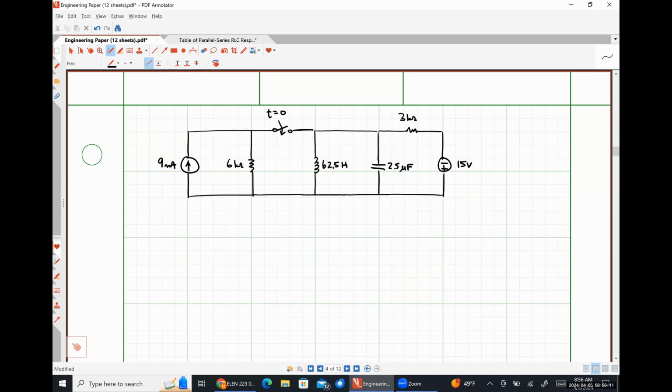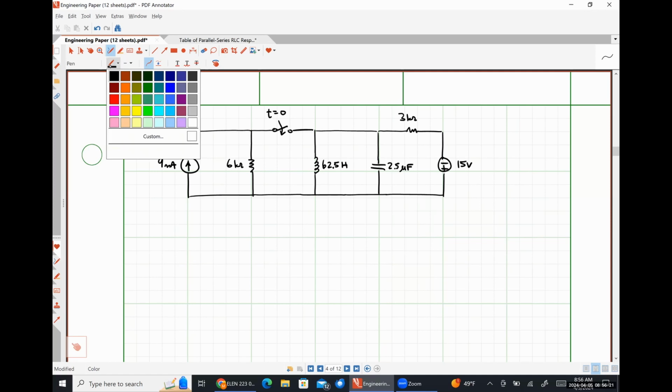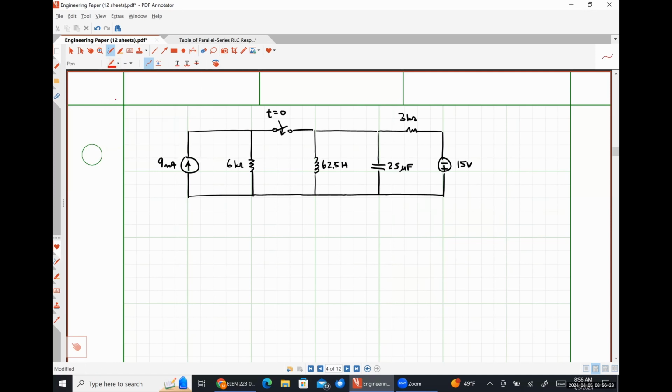All right, so let's say that I want to solve for a couple of different quantities, and we only have 20 minutes left. Let's make them fairly straightforward.